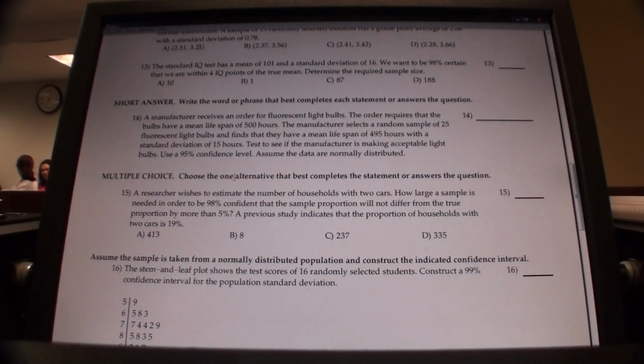So let's save time on formulas, because the error in this case, we want to use this formula here, where the error is equal to z alpha half times sigma, 15 divided by the square root of 25.